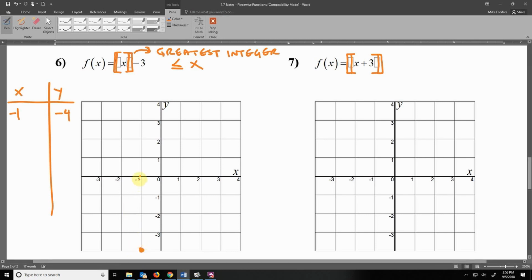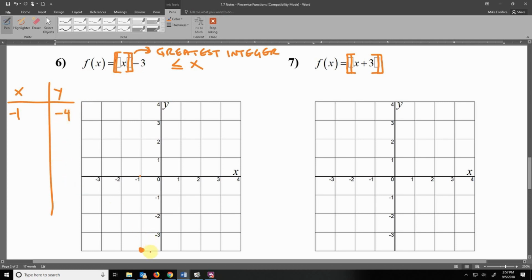Now, if I go over a decimal amount, say I go over to -1/2, what is the greatest integer less than or equal to -1/2? Well, that slides me right back to -1. Minus 3 is -4.